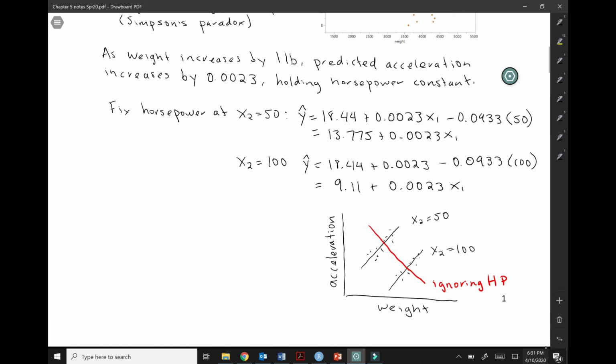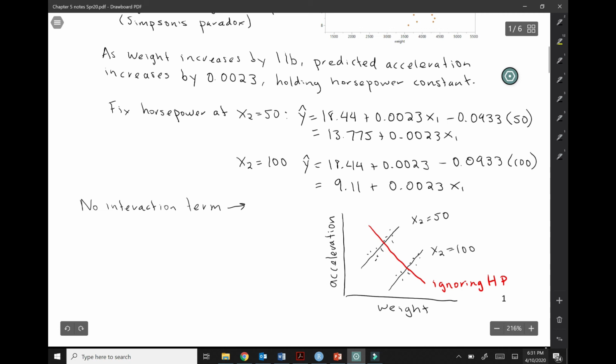So one thing to point out about our drawing here is that we have these parallel lines. The reason that it's parallel is because there's no interaction term in this model, right? We have a term for the weight and a term for the horsepower, and they're separate.